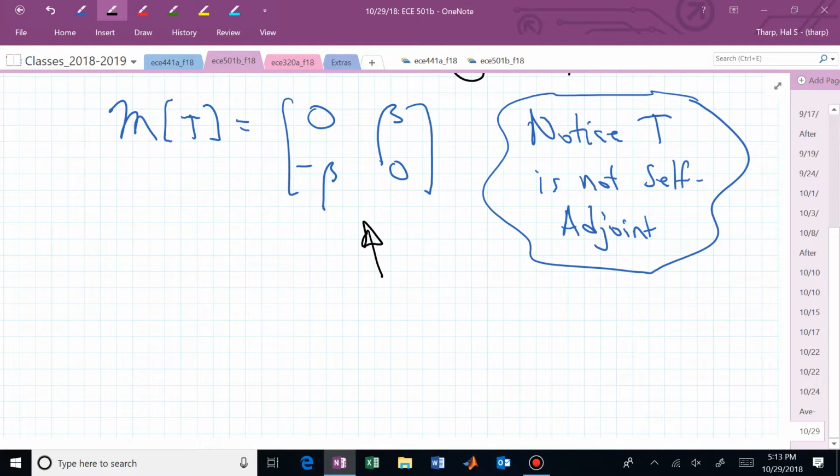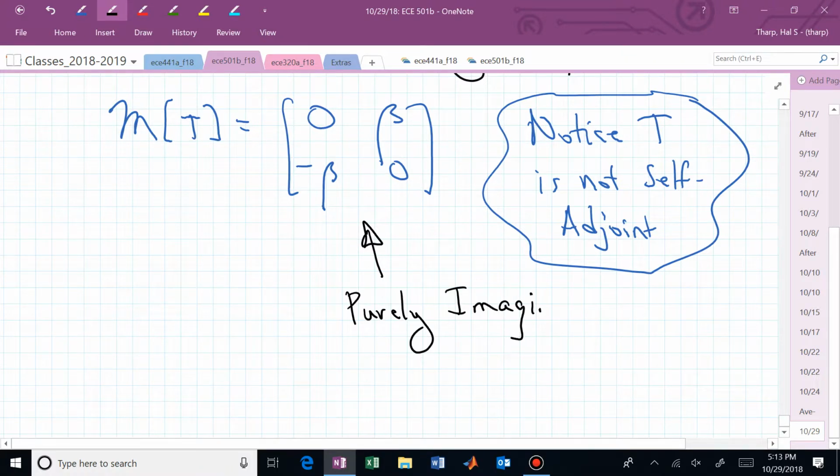What are the eigenvalues of this matrix? I don't expect you to know this unless you play with matrices a lot, but these are purely imaginary eigenvalues. Plus and minus j beta are the eigenvalues of this matrix.